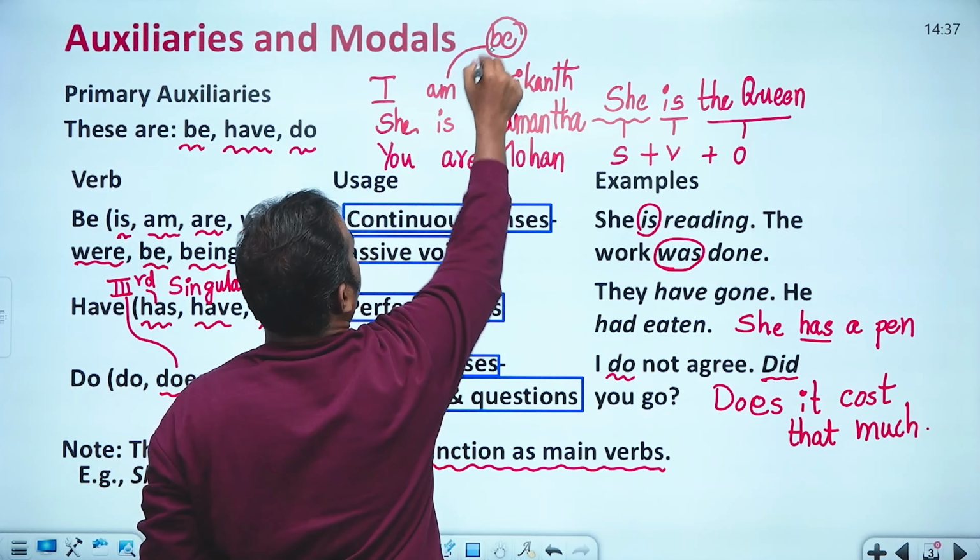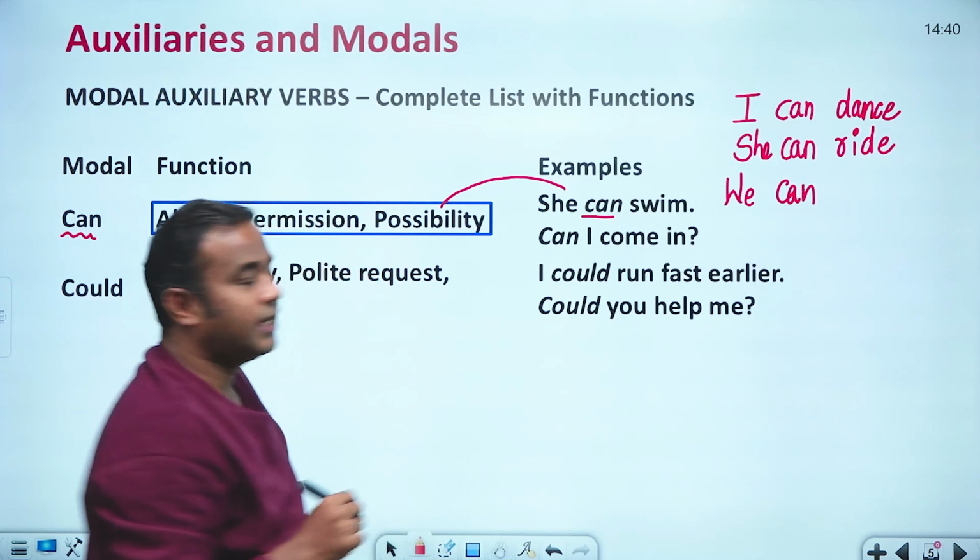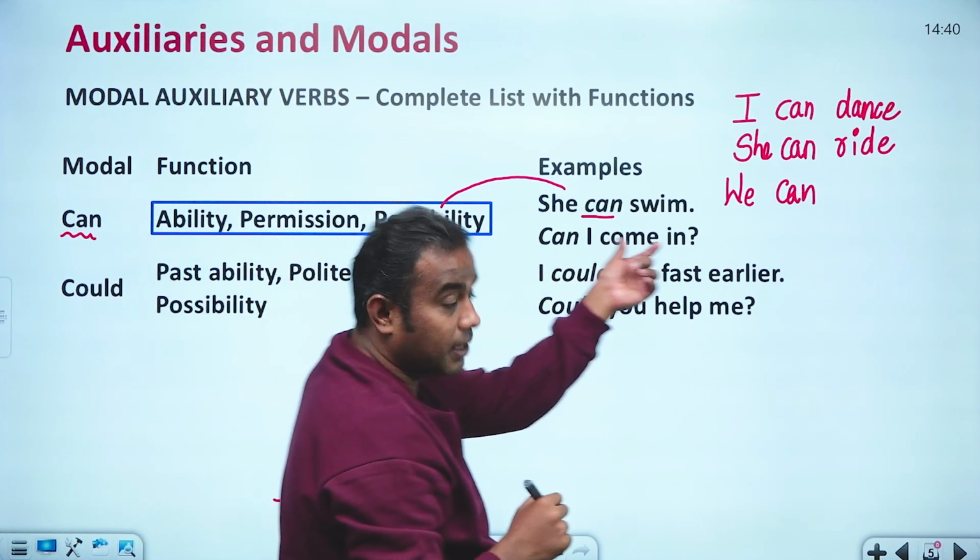Example: she can swim. What does this signify? You are saying that it's a possibility. She can swim is a possibility. Can I come in?